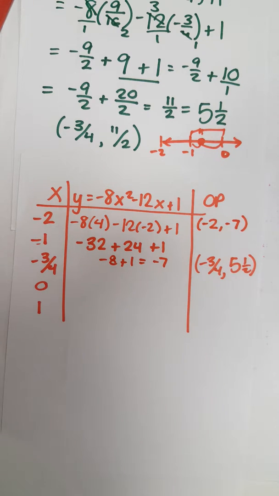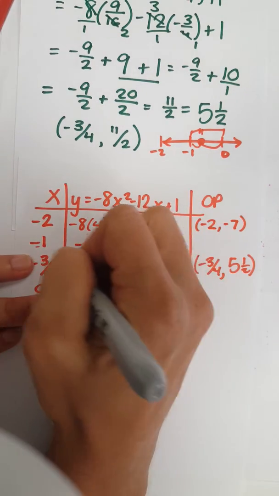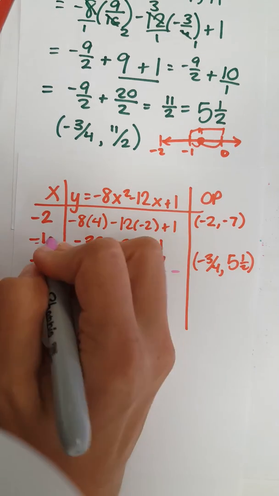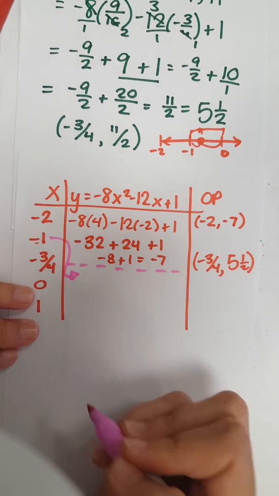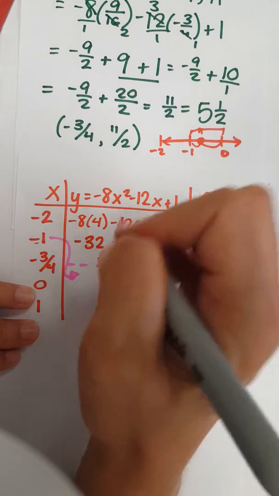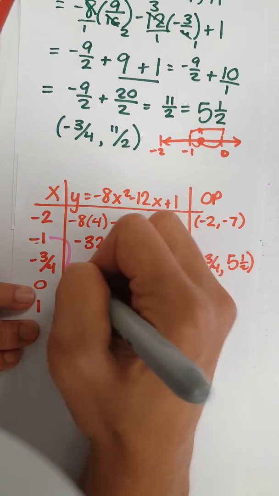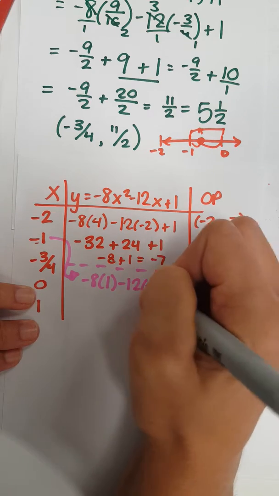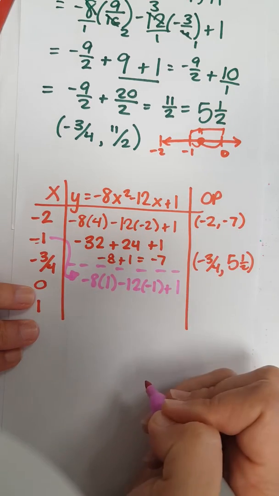Now, again, we have to work a little harder because we can't reflect things this time. So we have to do the negative 1. So I'm going to put a little mark here so you can see where the negative 1 is starting. Okay, so what's negative 1 squared? Positive 1 minus 12 times negative 1 plus 1.